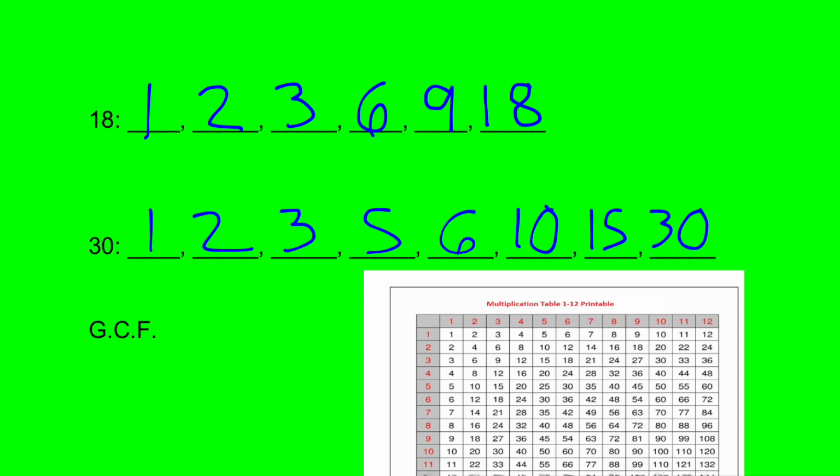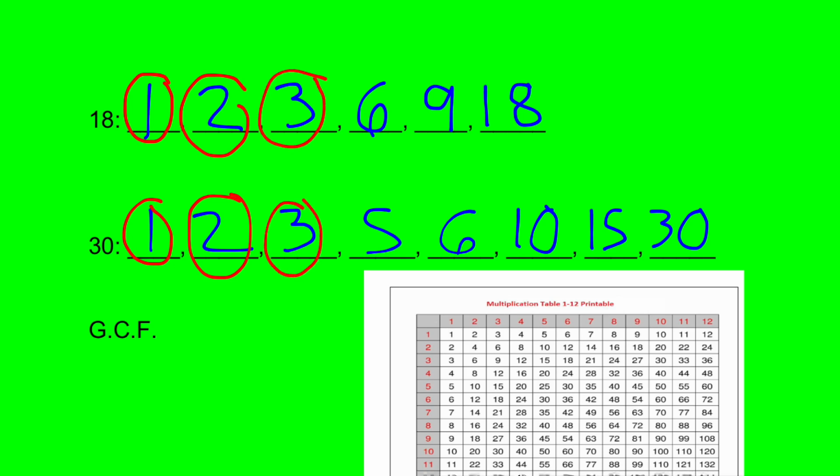And there's all your factors of 30. Let's circle the common ones. Well, they're always going to have 1 in common. They have 2 in common. They have 3 in common. And they have 6 in common. So the greatest common factor of 18 and 30 is 6.